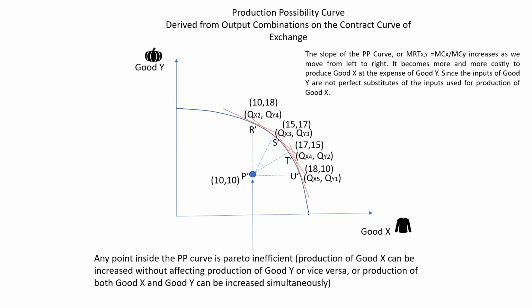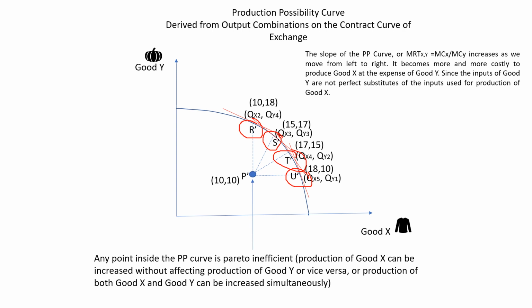And as we were discussing earlier, the extent to which we need to sacrifice the output of one commodity for the other progressively increases. So these are essentially points which comprise the different output possibilities that we were looking at in the Edgeworth box diagram as well.